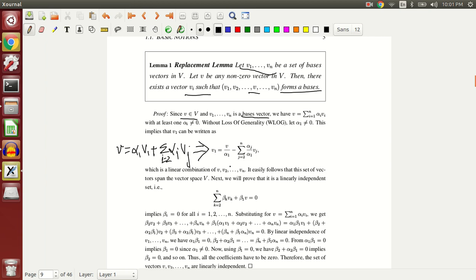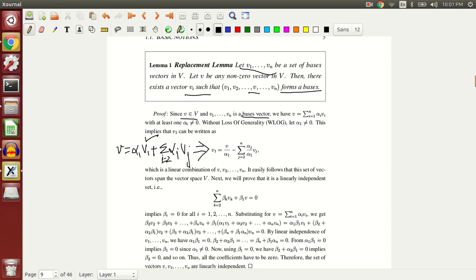So what we're trying to say is, when you're trying to solve for this vector v1, assume that we have an expression for v1 which is basically a linear combination of vector v and a bunch of vectors taking the index from 2 to n, which are indexed by j.